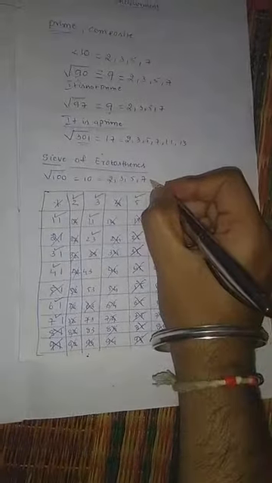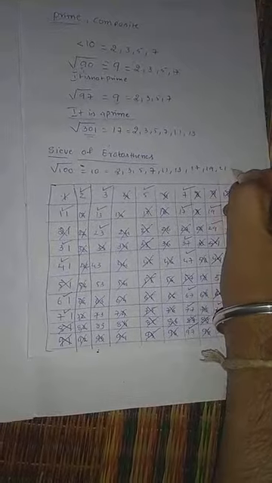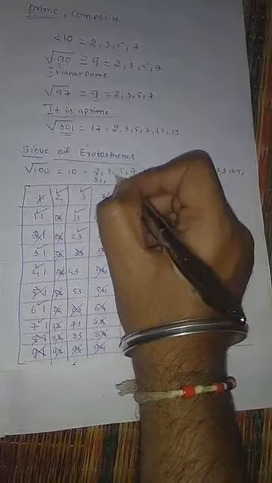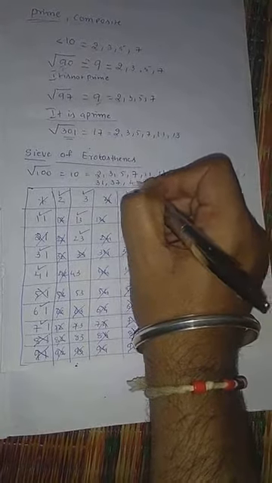I'll just list out the values. The values are 2, 3, 5, 7, 11, 13, 17, 19, 23, 29, 31, 37, 41, 43, 47, 53, 59, 61, 67, 71, 73, 79, 89, 97.